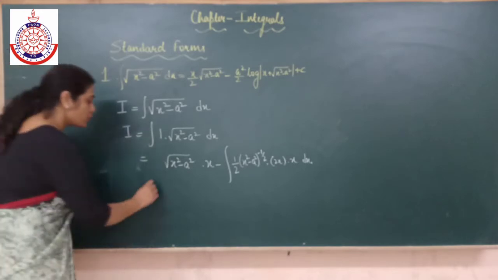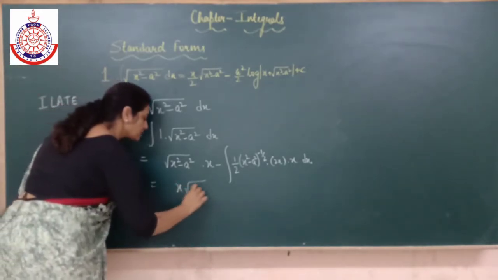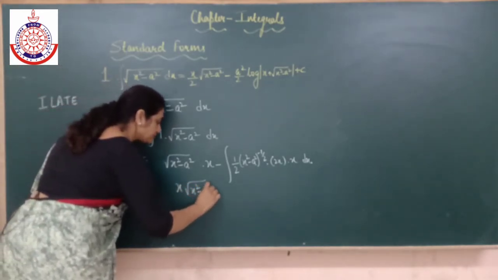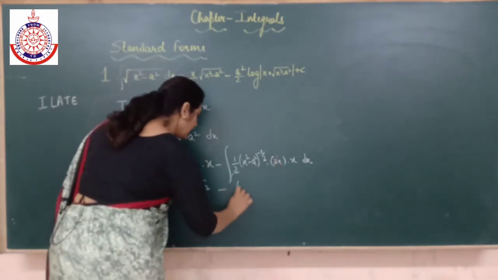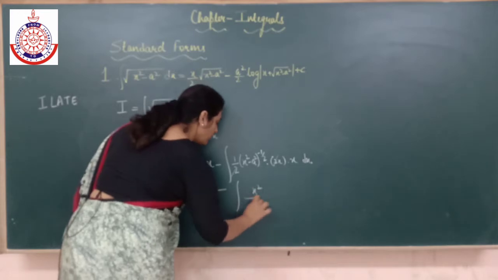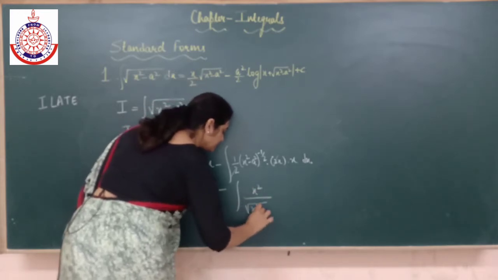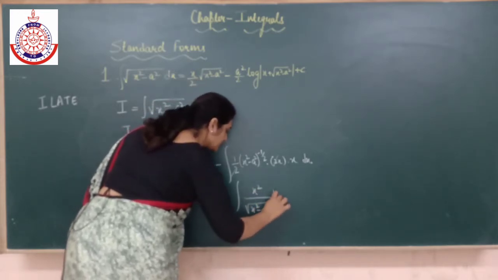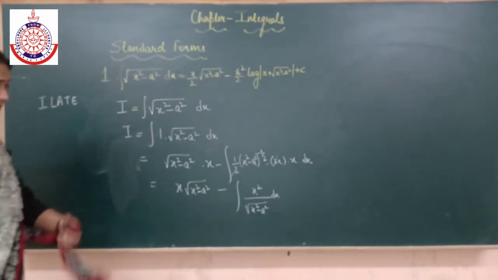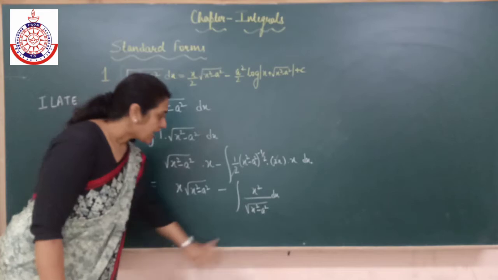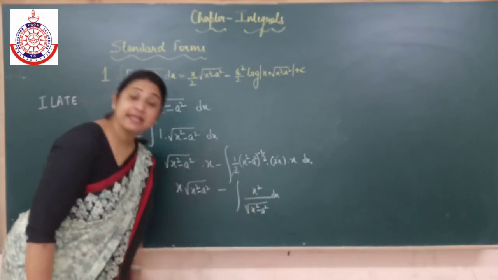Alright. So what do I have? 2 and 2 cancel. I have x square upon under root x square minus a square.